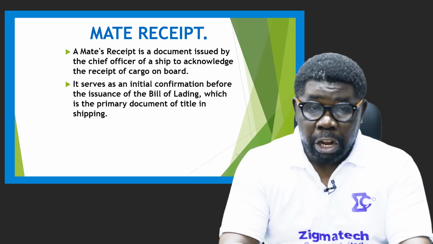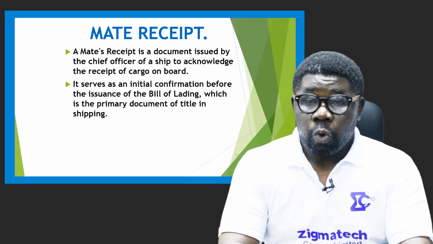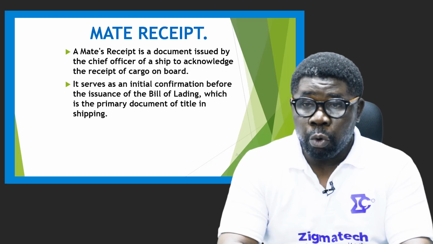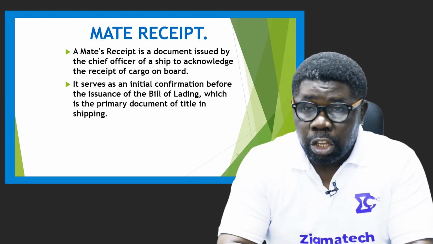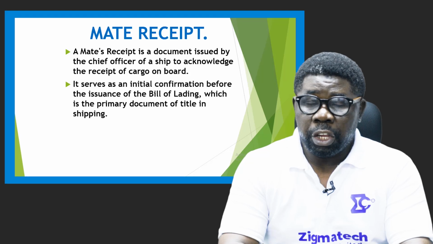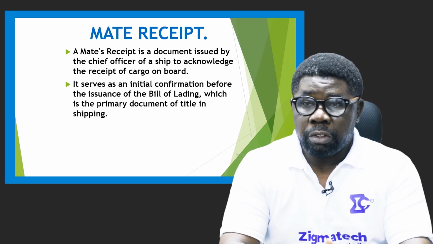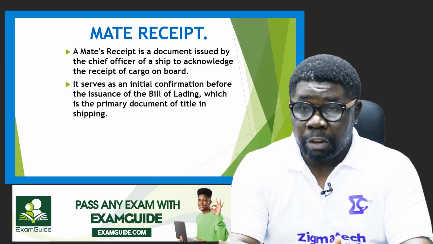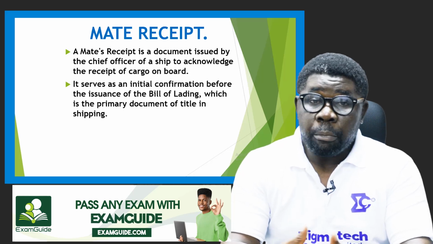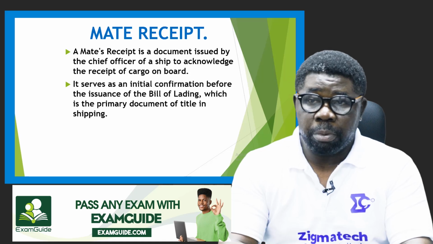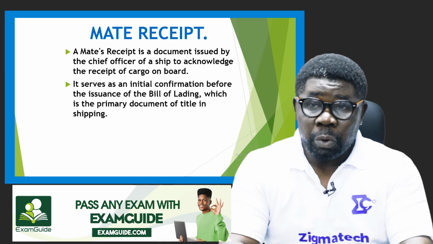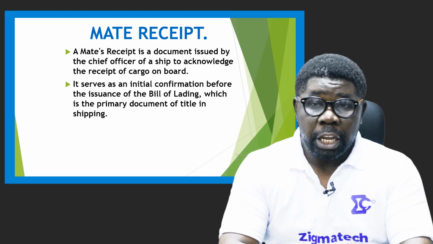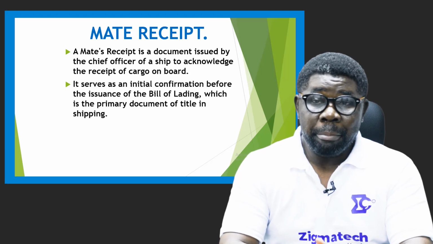Like a driver of a vehicle, once your goods are loaded into your car, you can give something like, okay, thank you very much. I've received these goods in my car. I acknowledge that they are already in my possession, so I'm going with them. So in this case, the ship officer will acknowledge the receipt of the goods on board before the ship can leave. That's what's called a mate's receipt.